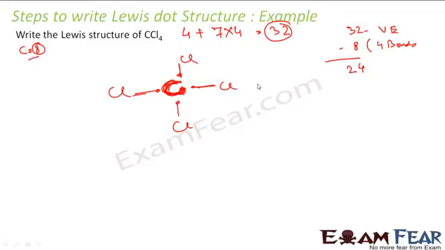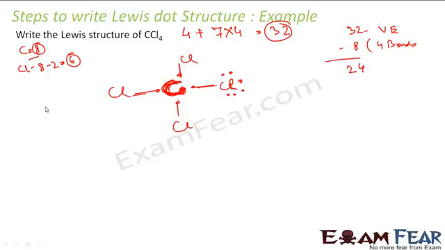Let's talk about this chlorine. This chlorine has now 2 electrons, but chlorine needs 8. It has 2, so you need to add 6 more electrons to make it happy. So let's add 6 electrons to this chlorine. Similarly, we have to add 6 electrons to all these chlorines.